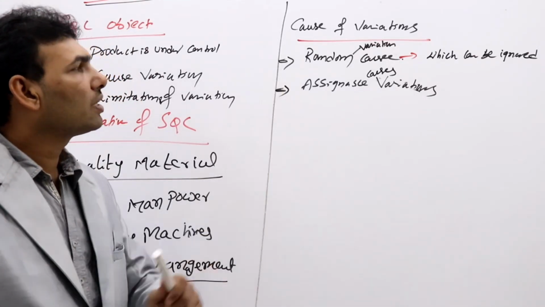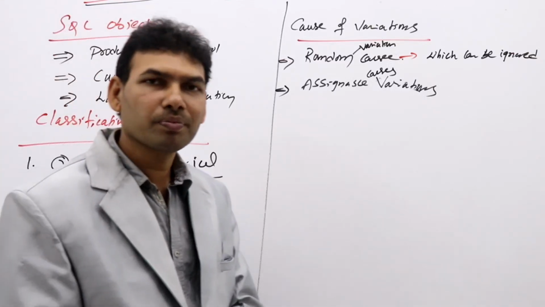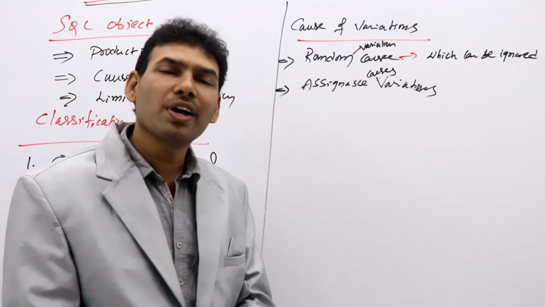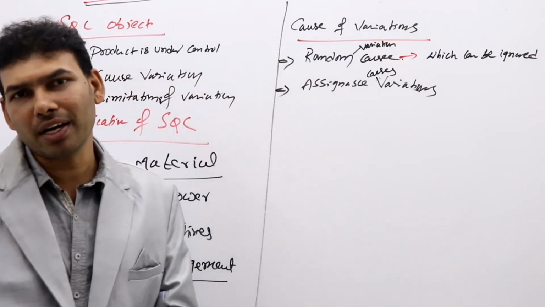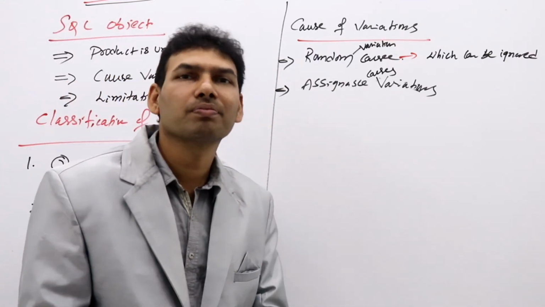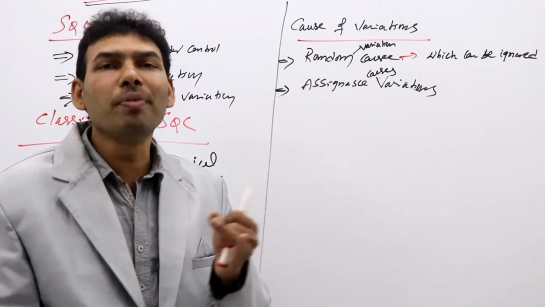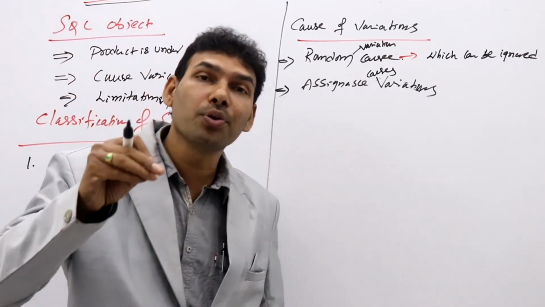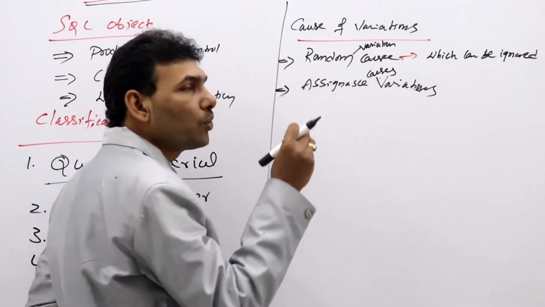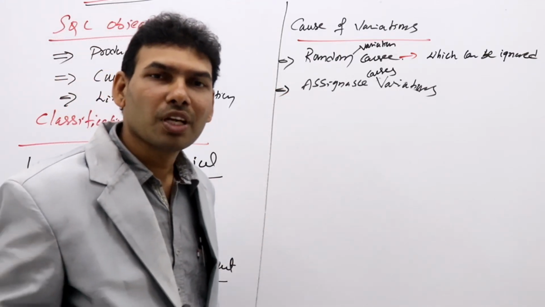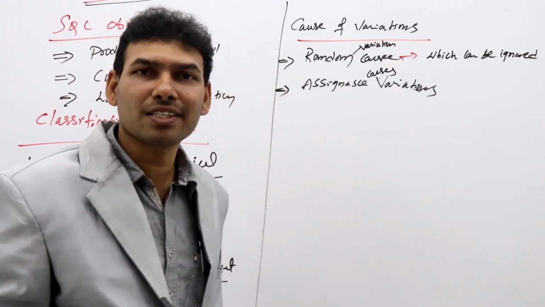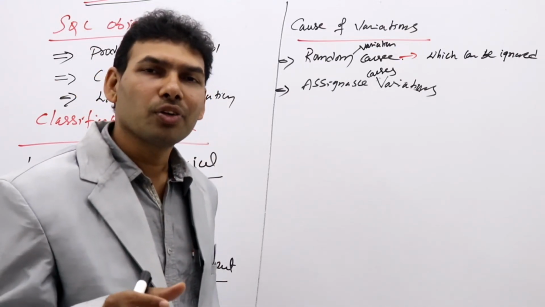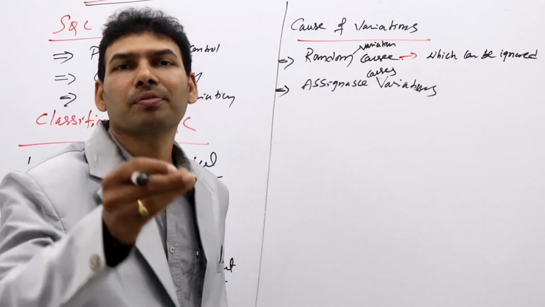Because of these we see the assignable variations. They have to be taken into consideration. If there are assignable causes, then you need to do the process again.